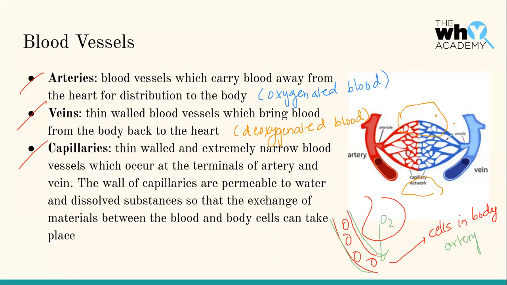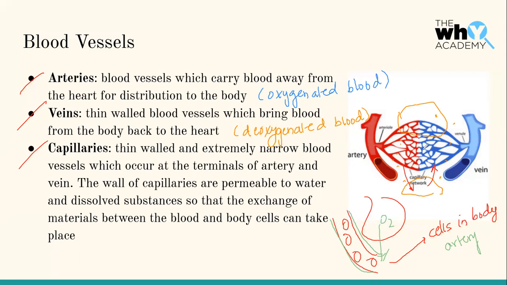Basically these capillaries are closer to the organs. So at this region, the oxygenated blood is given to this organ or tissue, and deoxygenated blood from this organ, tissue, cell, etc. is taken up and passed back to the veins.